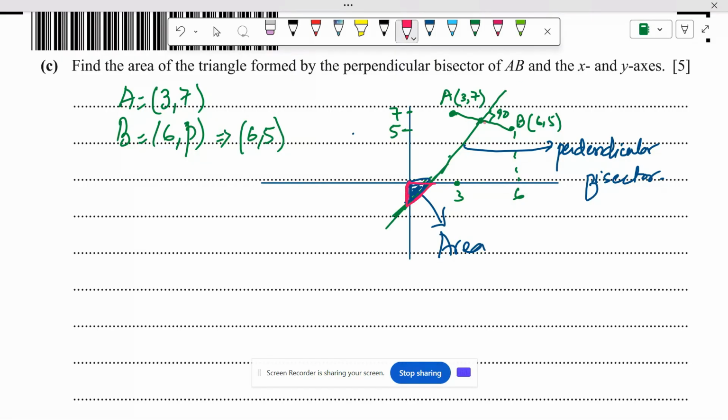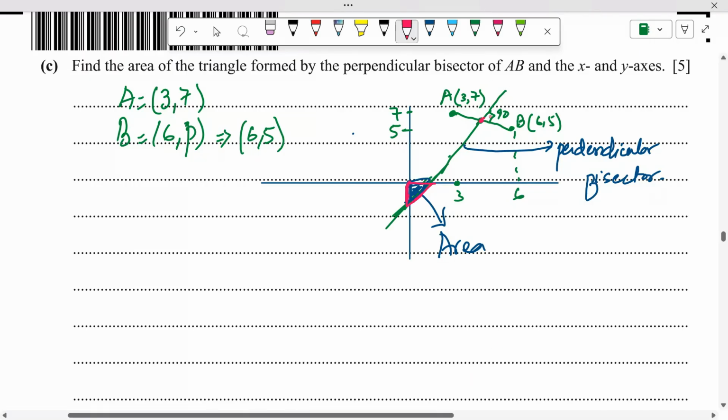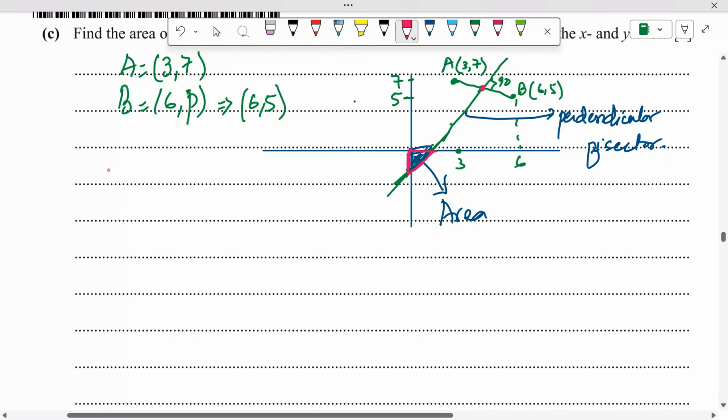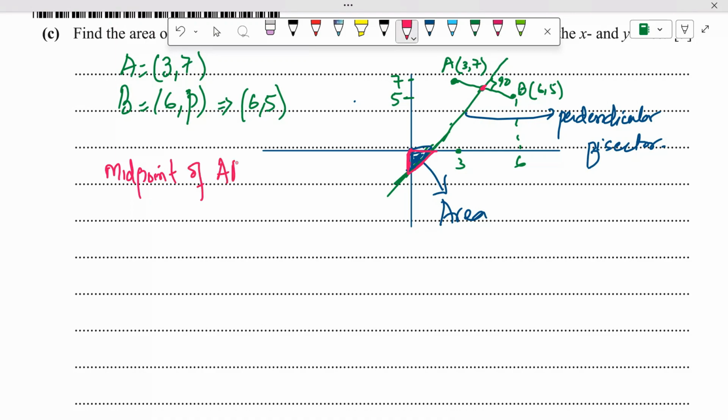First, we find the equation of the perpendicular bisector. To find the equation of the perpendicular bisector, we need the point, the midpoint, and the slope of the perpendicular bisector. First, we know that the midpoint of AB is equal to (x1 plus x2 over 2, y1 plus y2 over 2).